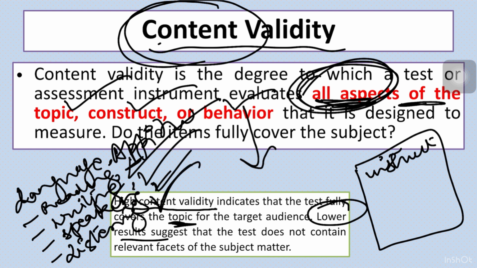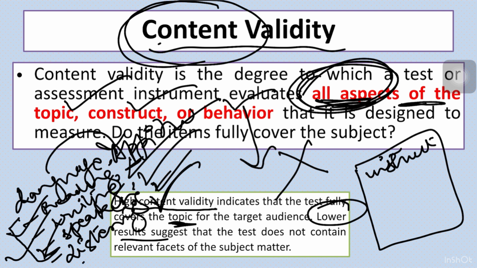Now, if my questionnaire includes only these 3 aspects, that is reading, writing and speaking, for measuring the language aptitude of a person, is my questionnaire valid or not? No, because it is not covering all the contents.